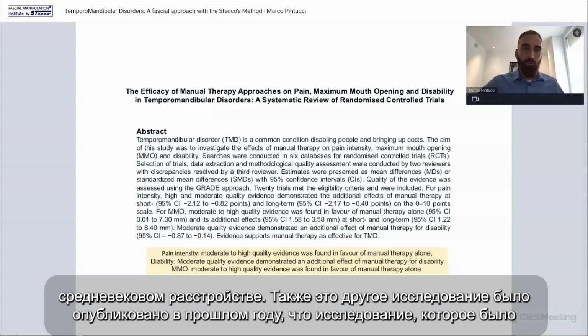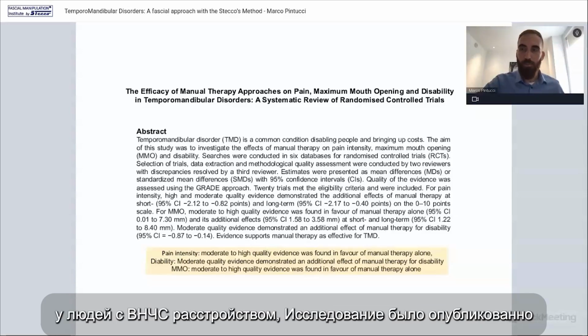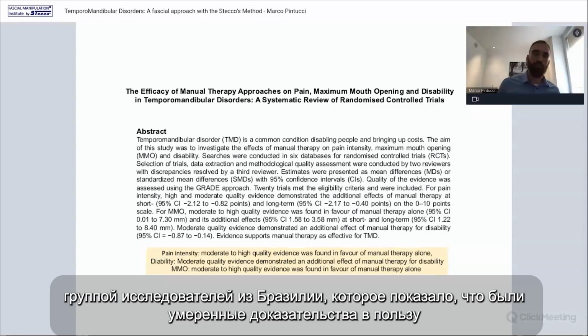Also, this other study was published last year, a systematic review that evaluated manual therapy on maximum mouth opening and disability in patients with temporomandibular disorder, published by a group of researchers from Brazil.